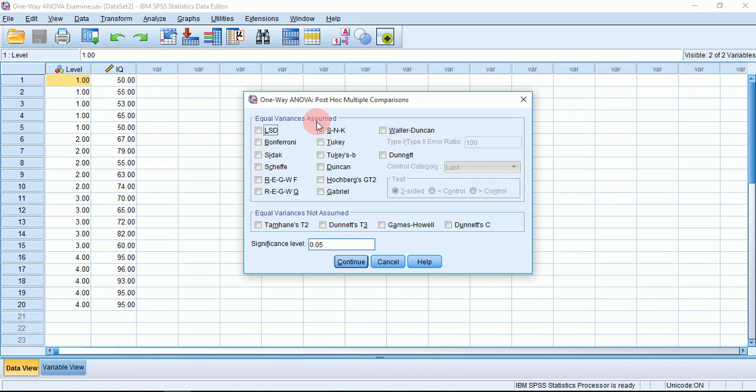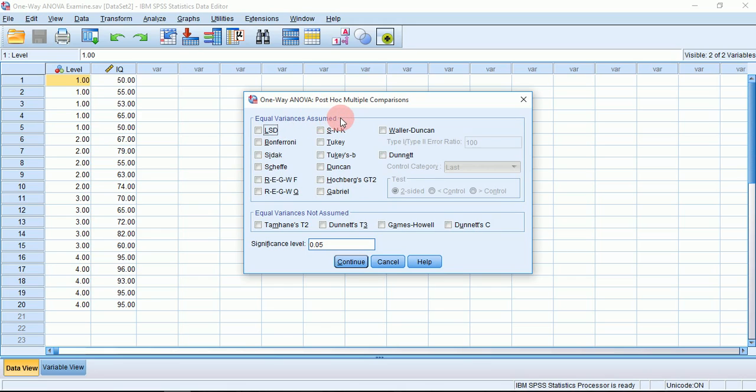If we find heterogeneity in our dataset, then we will rerun this procedure, and at the time of rerunning we will consider this second frame, equal variances not assumed. However, as we are in the very beginning of this test, we are firstly considering the equal variances assumed.